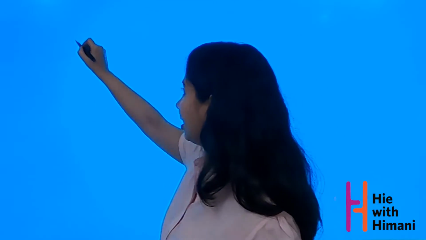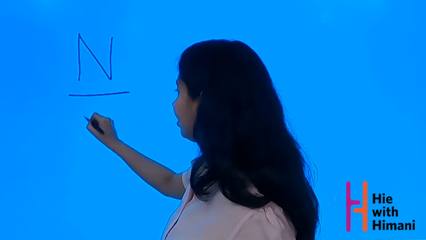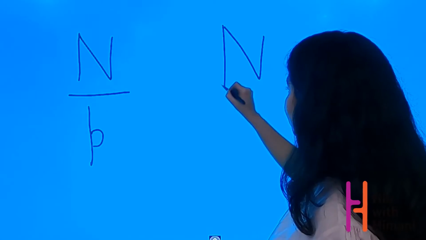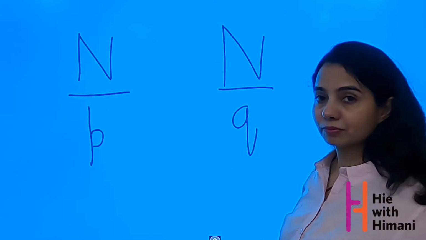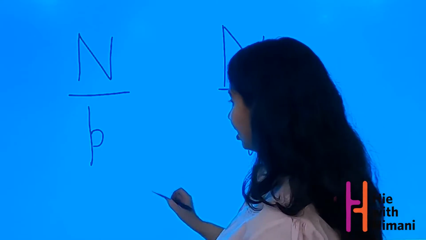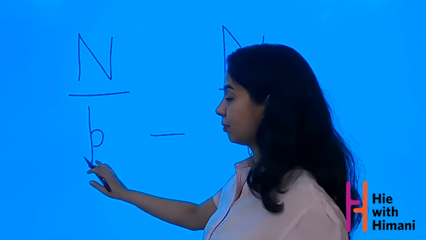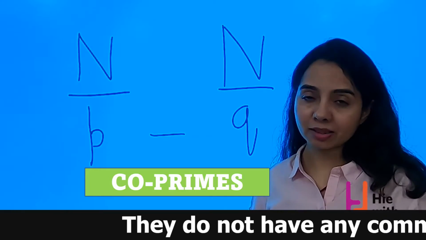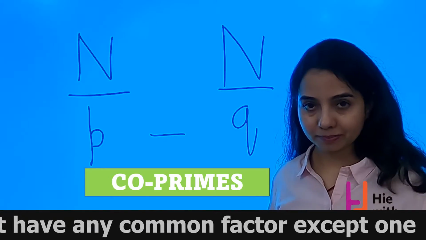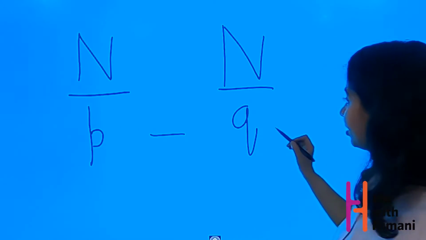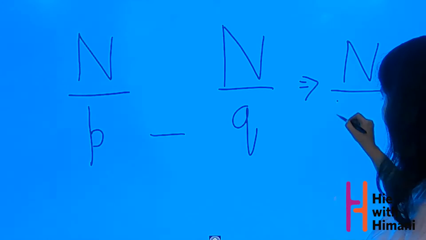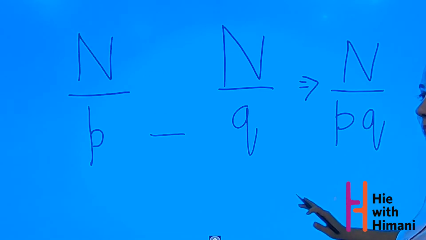If there is a number n and it is divisible by a number p, and the same number is also divisible by q, in such a way that p and q are co-primes, that is, they don't have any common factor between them except 1, then this number n will also be divisible by p into q.